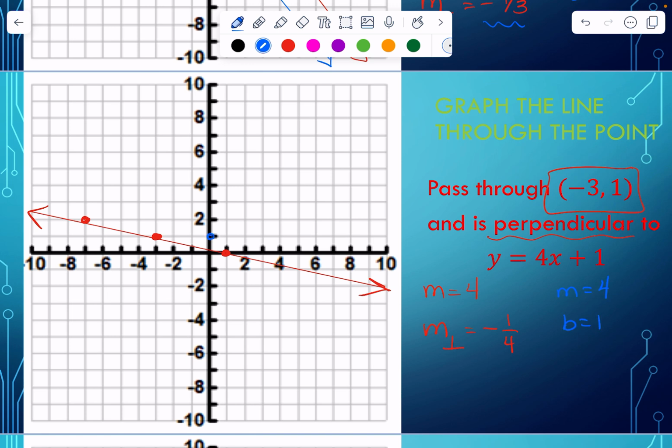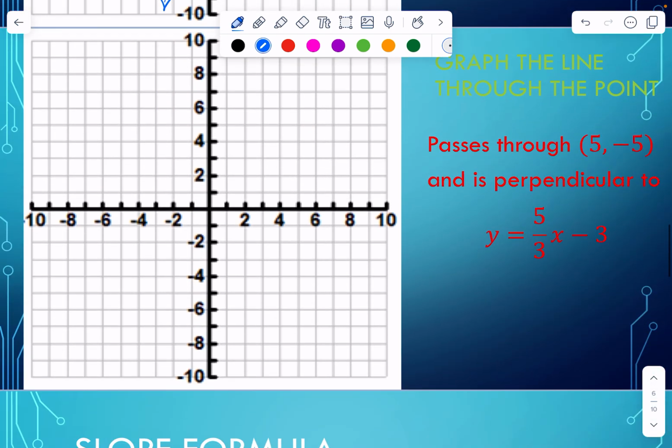So if we go up 1 and down 4, or up 4 and right 1, you can see that those two lines are going to intersect at a right angle, which would make them perpendicular. Okay? All right, let's try another set just to make sure we got this.